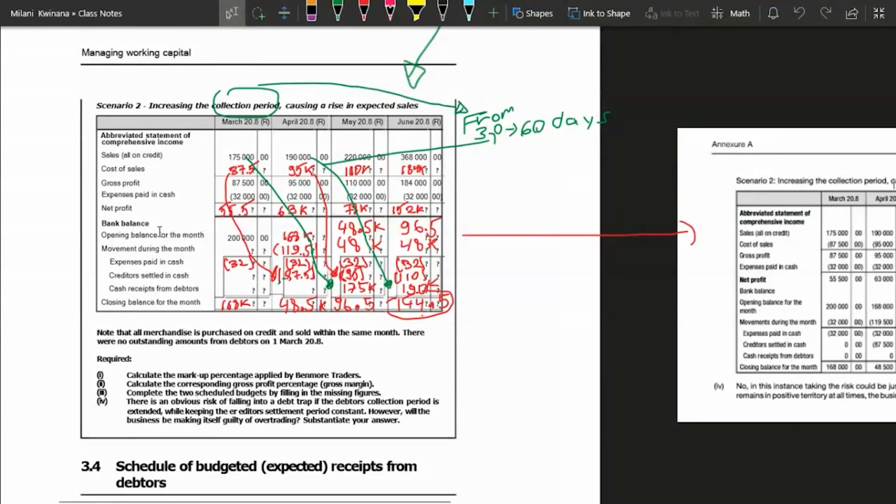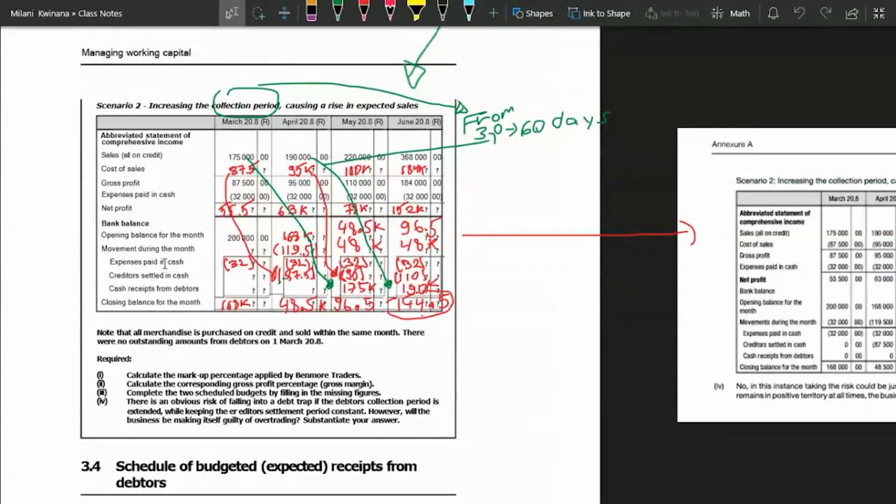So you're going to take the opening balance of the month, which is 200,000, minus the only movement that happened during that month, which was the expenses that we paid in cash.